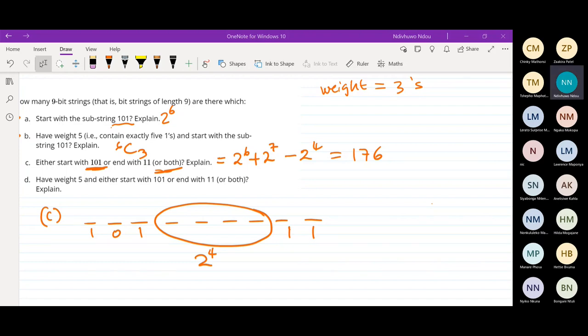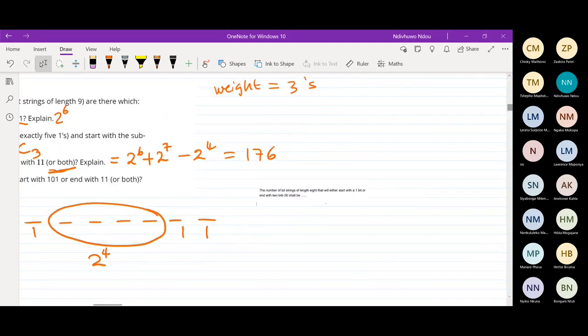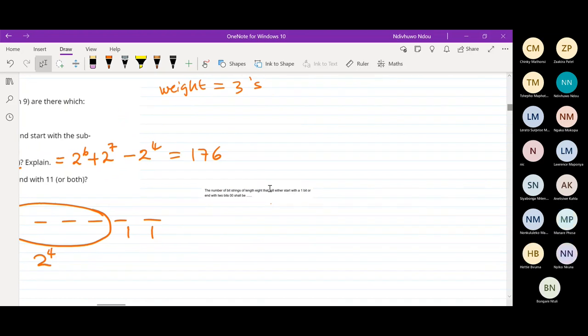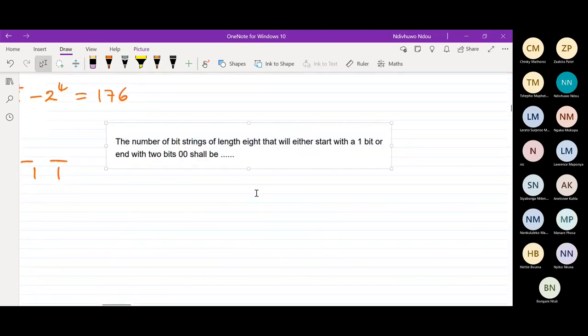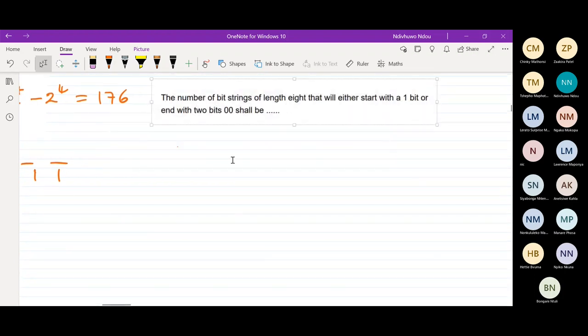Let me try to find it. Okay, here's the question: the number of bit strings of length 8 that will either start with a 1 bit or end with 2 bits of 00 shall be.